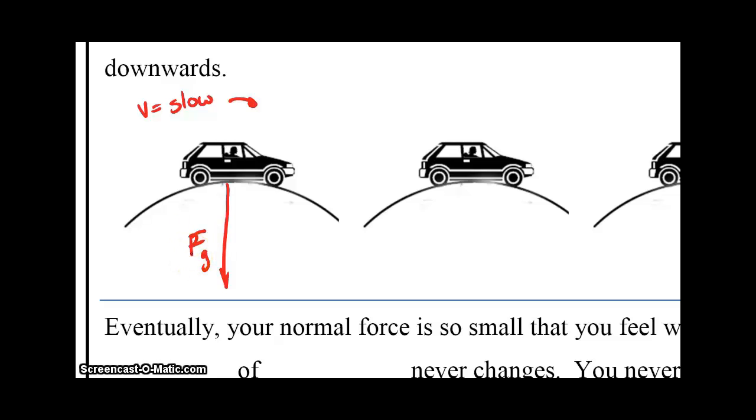Let's suppose it's going really slow, barely moving. In that case, the normal force would be almost the same as the force of gravity. When you add those two vectors together, you get the centripetal force, which will be very small.